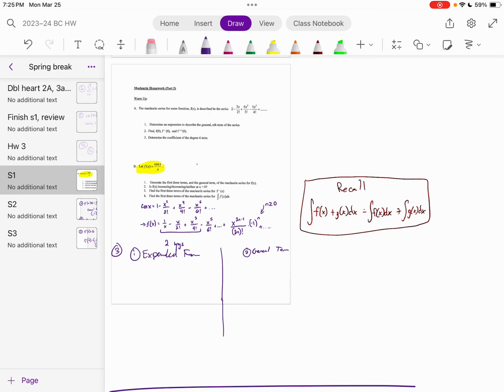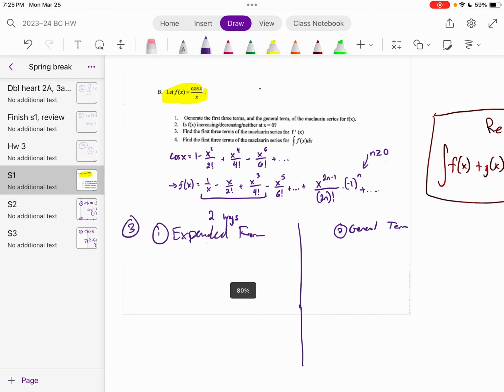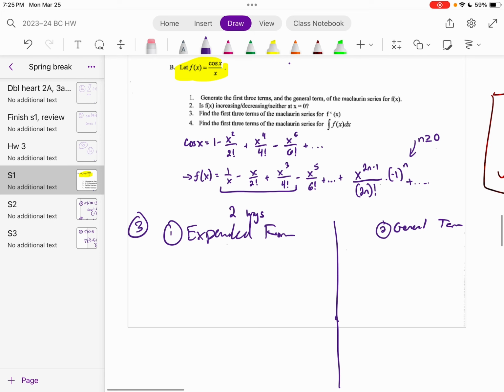So find the first 3 terms of the Maclaurin series for f prime of x. Let's remind ourselves where we were. We had cosine x, and then we had to divide or decrease the power for each term there by 1 because of that x in the denominator. We memorized our Maclaurin series for cosine x, so this was a breeze so far.